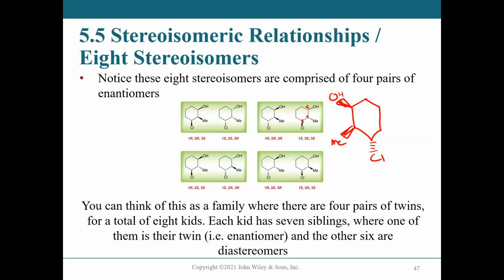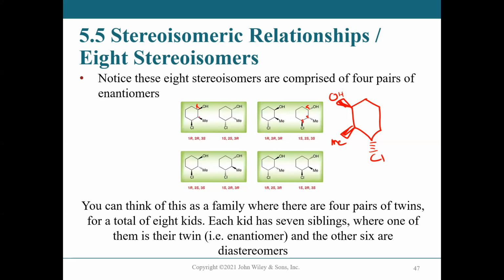Let's look at this one on the top left side. If this is 1, this would be 2, this would be 3, this would be R. This one would be 1.